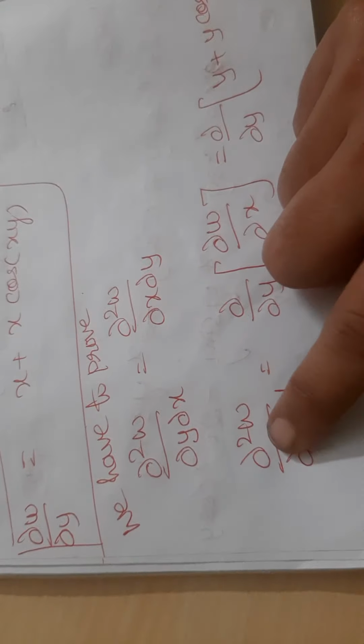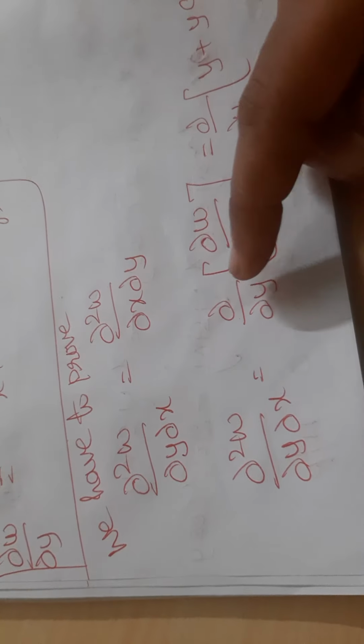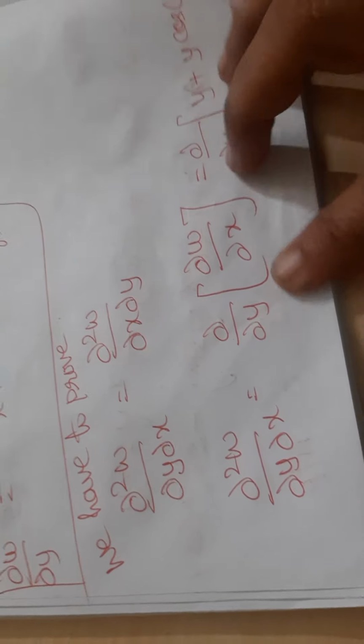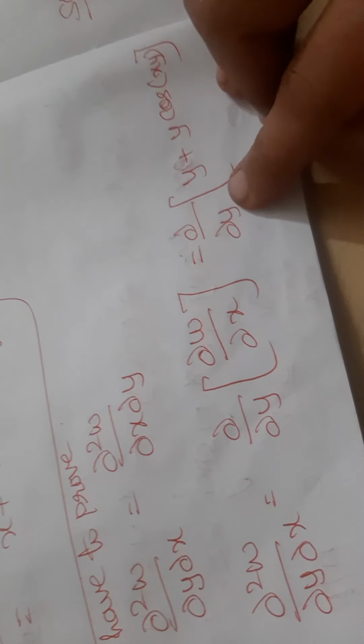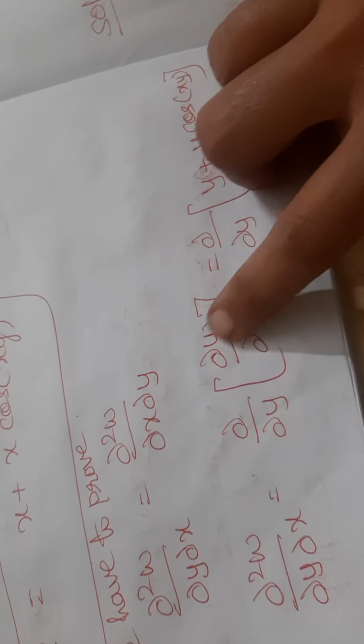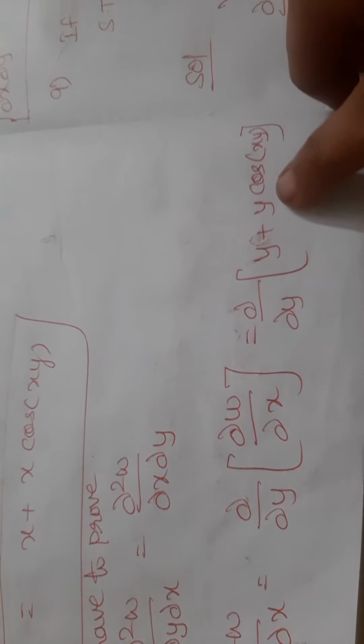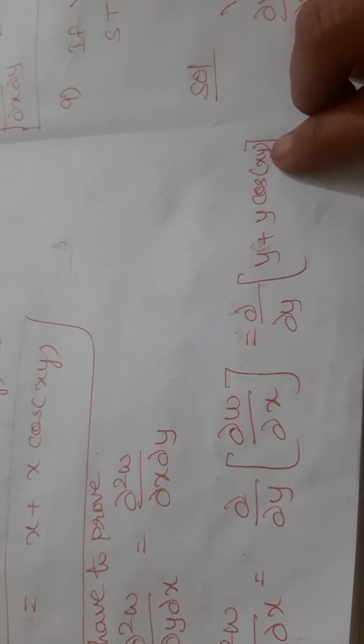I told already ∂²w/∂y∂x is equal to ∂/∂y of ∂w/∂x. That is ∂/∂y of this answer. ∂w/∂x answer is y plus y cos of xy.